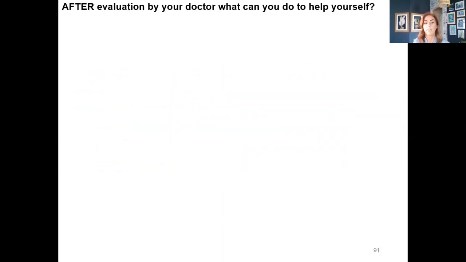All right, so for evaluation, some people go into the doctor and then they realize they have AFib or tachycardia. After the doctor has evaluated and given you your definitive diagnosis, there may be a question: is there anything additional that I can do to help myself, other than what the doctor recommended, whether it is a surgical intervention or medication?